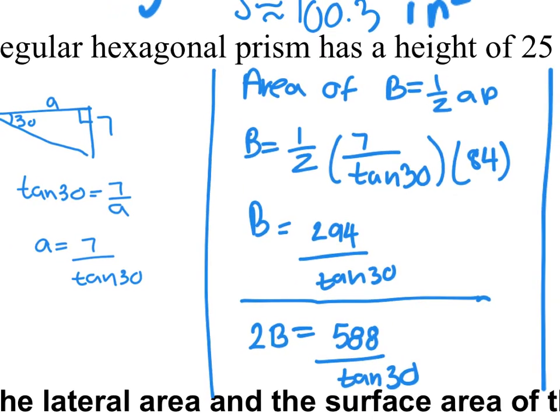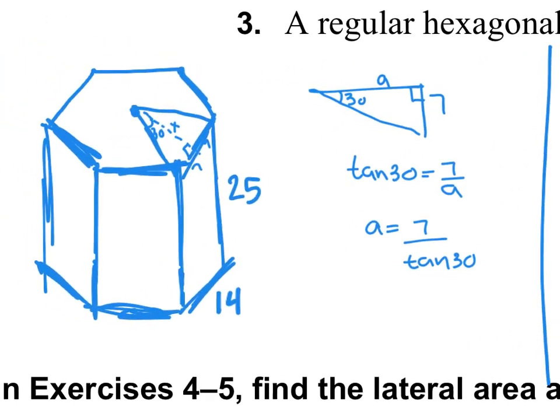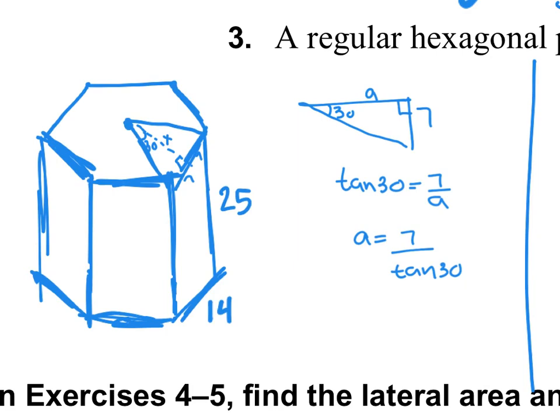In order to find my apothem, I have to draw out what I know. So here's my base. First off, I need to know the central angles of a hexagon. So you would do 360 divided by 6. That gives you 60 degrees, so each of the central angles is going to be 60 degrees.